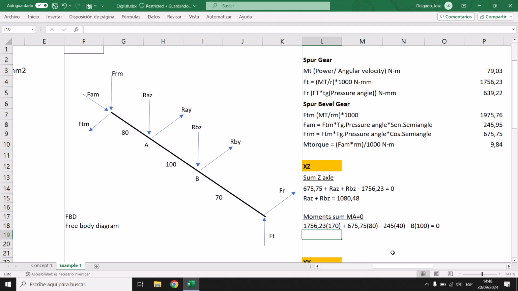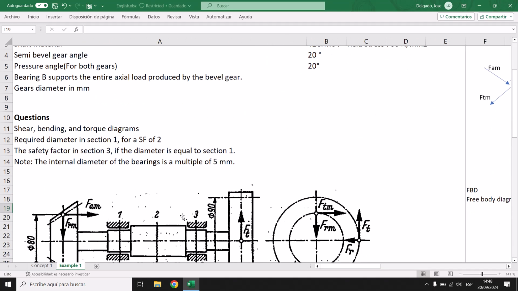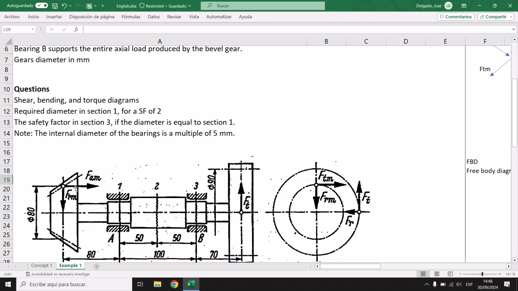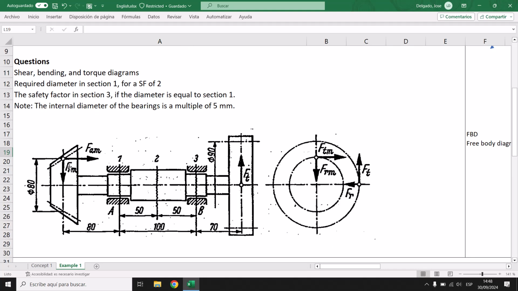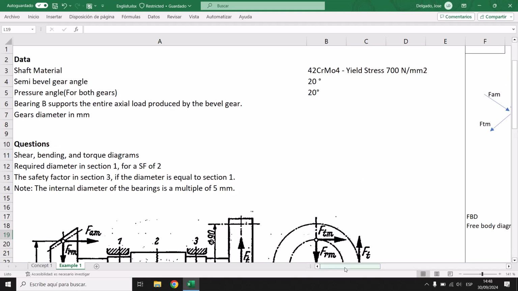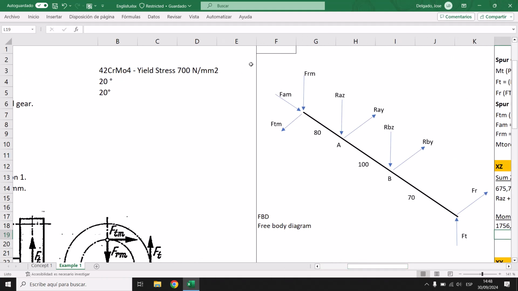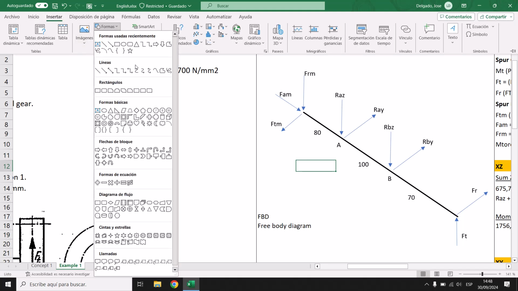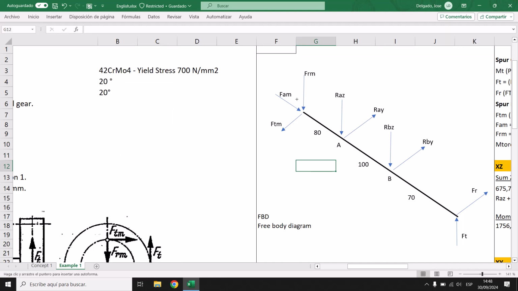But also, we have here our axial load, multiplied. It's a moment here with 40 because we have a radius here. If you look very carefully, I'm going to put this here for you.